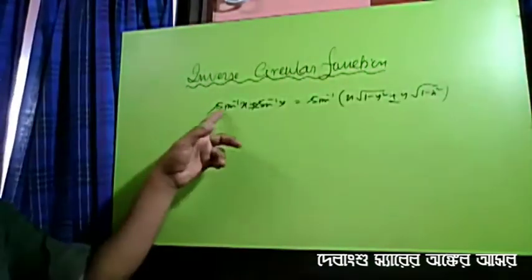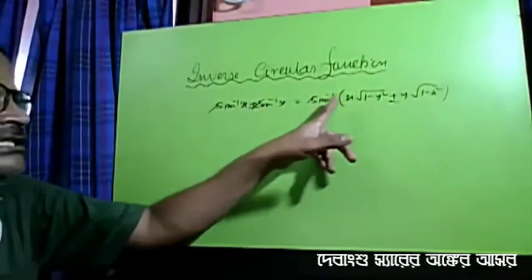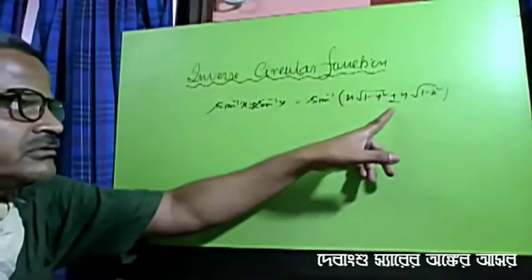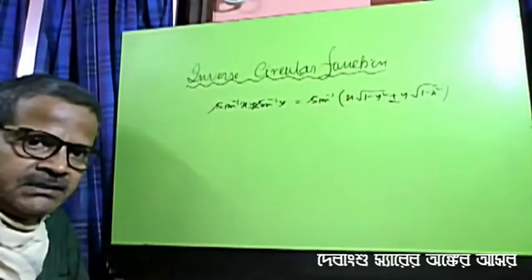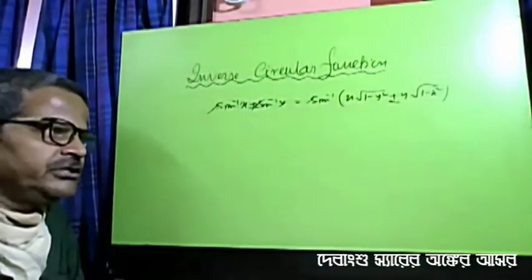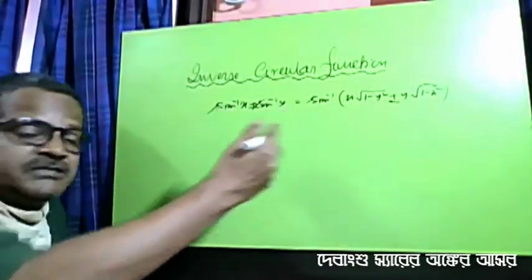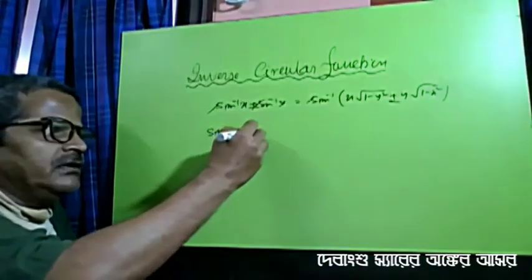Now, sin inverse x plus or minus sin inverse y is equal to sin inverse of x root over 1 minus y square plus y root over 1 minus x square. So how could we remember this formula? To remember this formula, we will recall the sin a plus b formula.